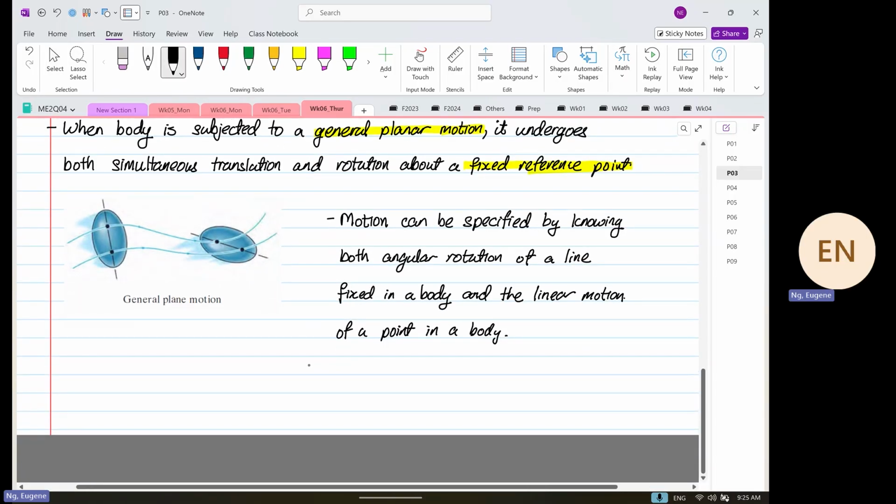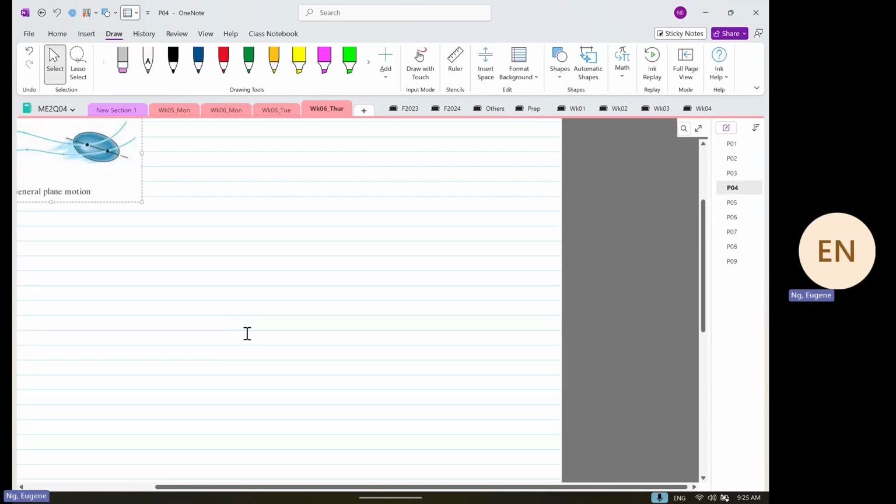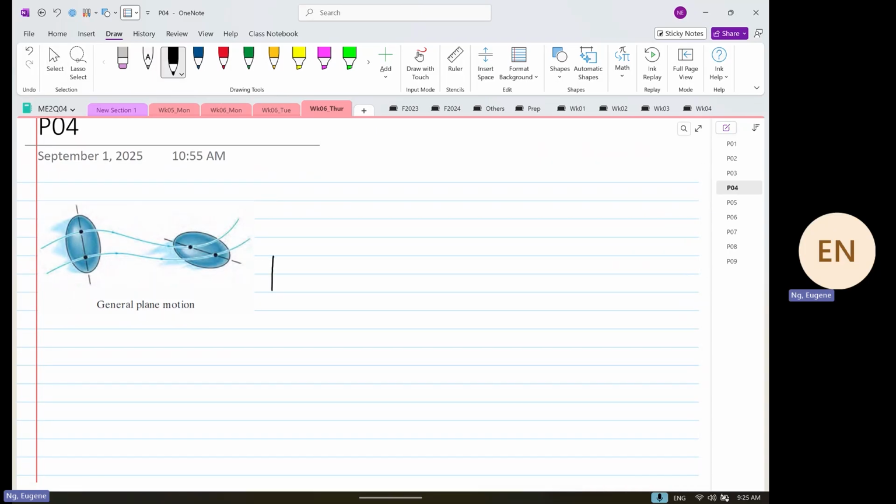So what we tend to do is we tend to use a rectilinear position coordinate system. So I'm going to get this image again. I'll let you finish copying first. So this is our x and y.